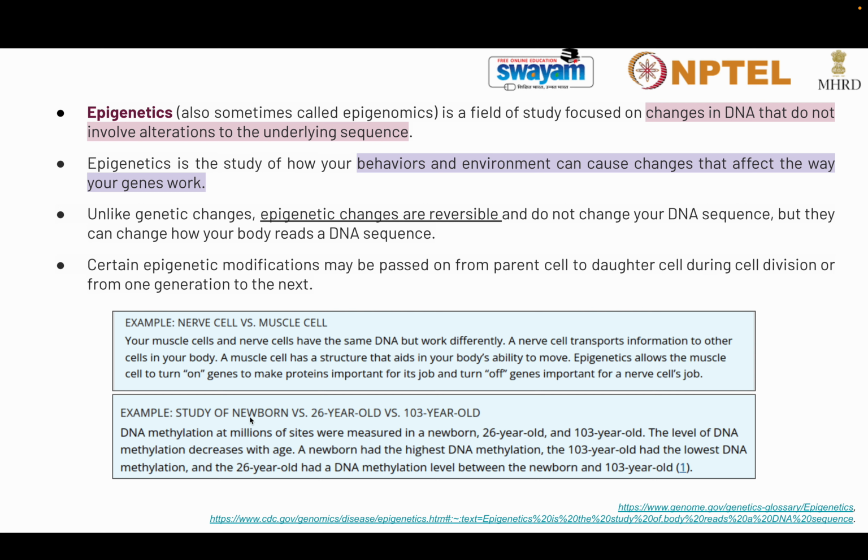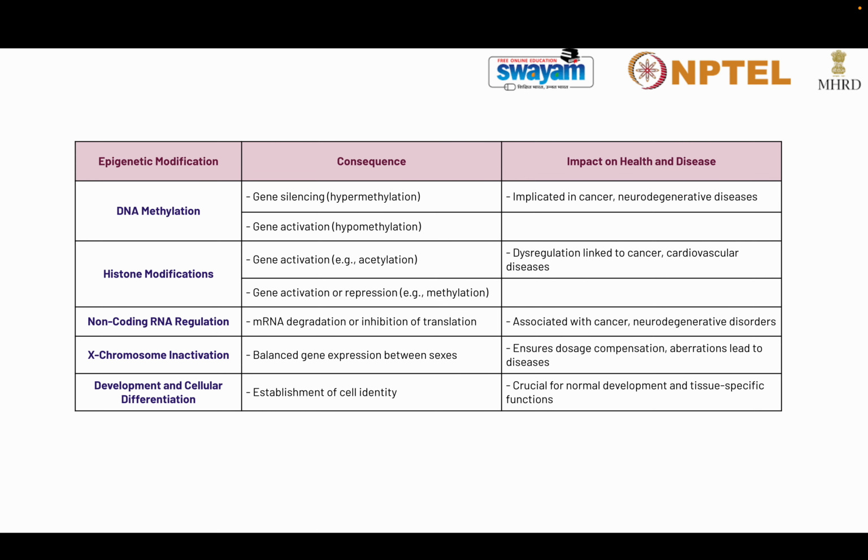The newborn had greater DNA methylation as compared to the 103-year-old person, whereas the 26-year-old had an intermediate amount of DNA methylation. So one of the factors which governs these epigenetic changes is age as well.